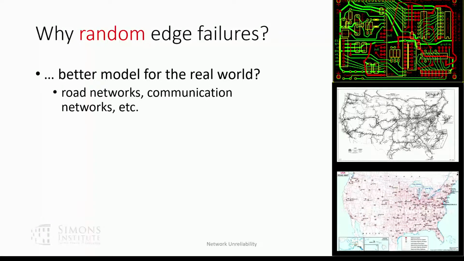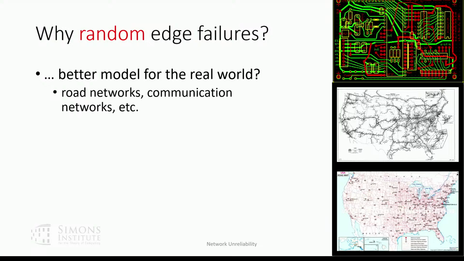If you think of a road network, it's not that some adversary is coming and clogging up some roads. What's really happening is that certain roads fail with some probability. Of course, we can keep arguing about what the precise random model is and what kind of dependence you have, but at least it seems a reasonable model to study.